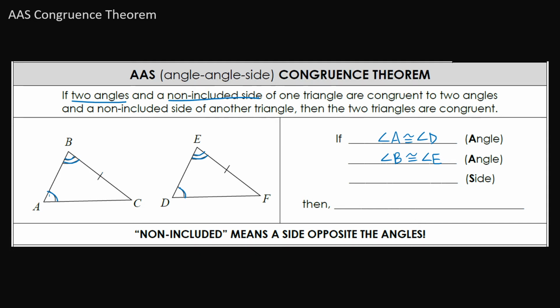And our side, BC, should be congruent to EF. So if all of the information is true, or if any combination of two adjacent angles and a non-included side are congruent to each other, then we can prove that triangle ABC is congruent to triangle DEF.